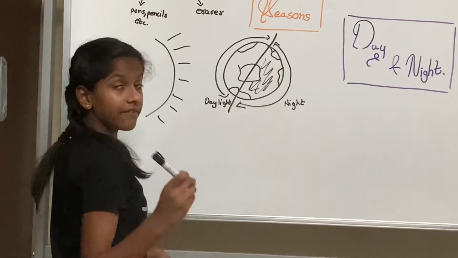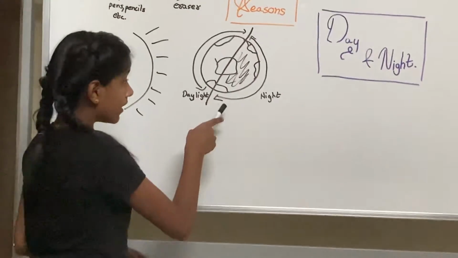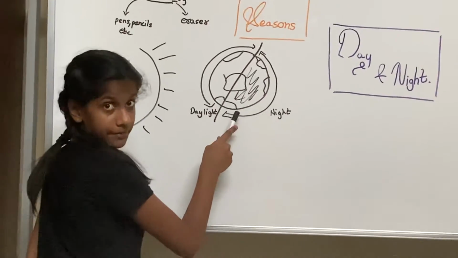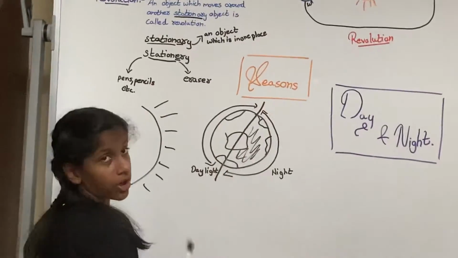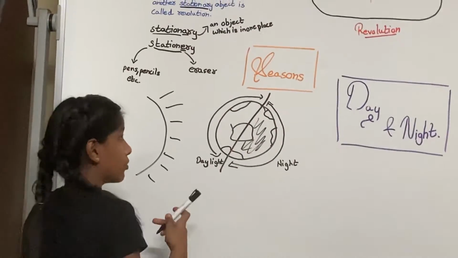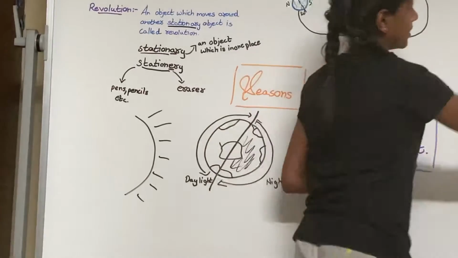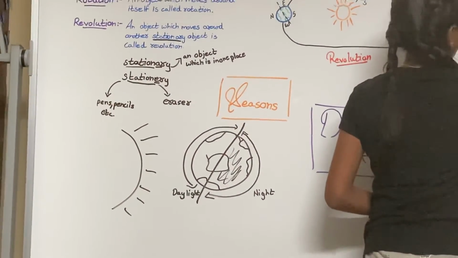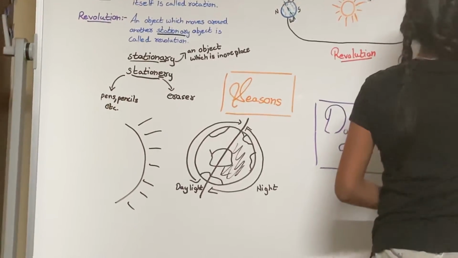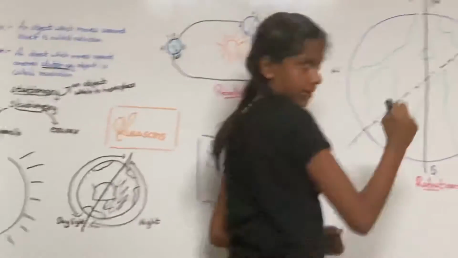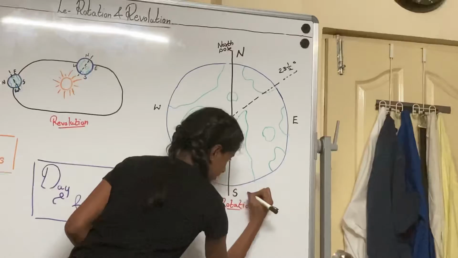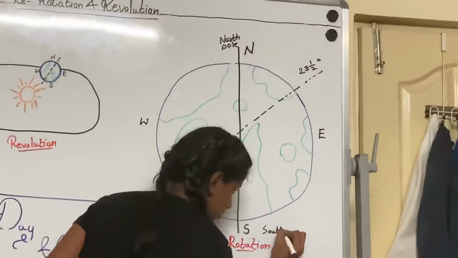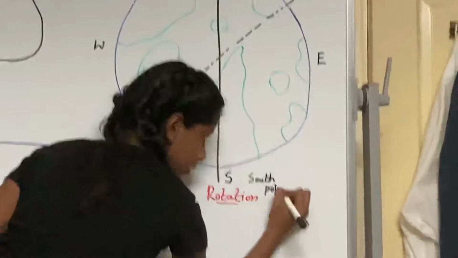Now let's see, why is the south pole colder than the north pole? You all know poles, right? See, this is north pole is here and the south pole is here.